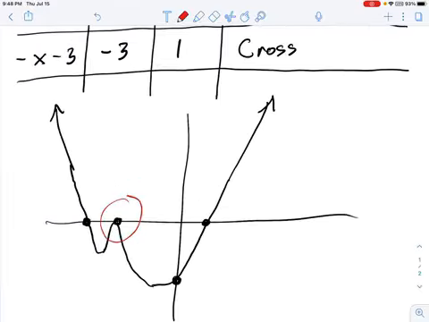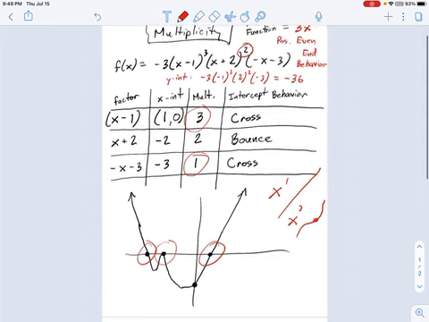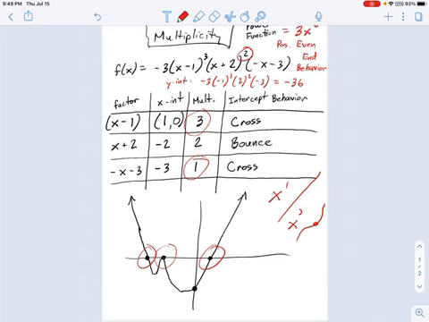But these other ones, where you have a multiplicity of 3 or a multiplicity of 1, think about what x to the 1 looks like. It's just a straight line. It's going to cut through an axis. Or x cubed, think about that. That one is a wiggly line, but still it's going to cut right through an axis. Well, that's what these things do at their respective places. They cut through the axis. The only things that bounce are things that look like parabolas when you have a squared or a fourth power.